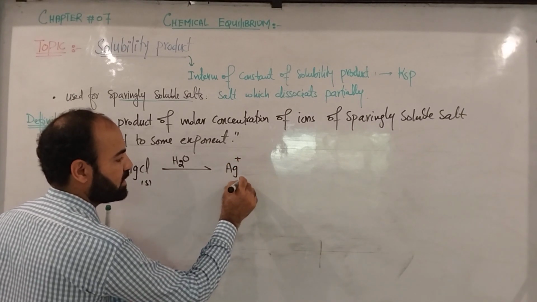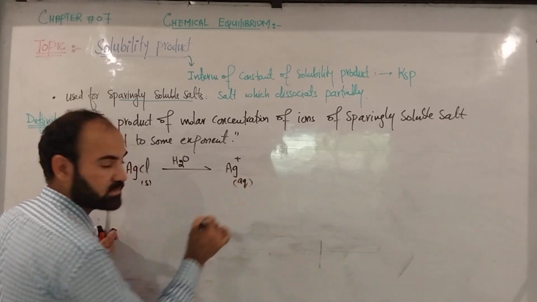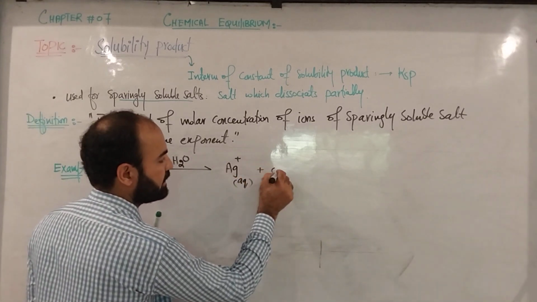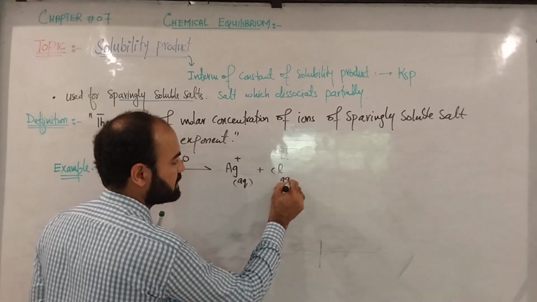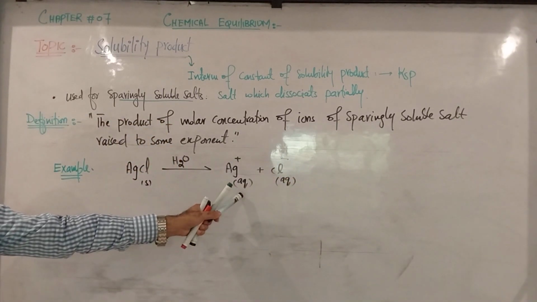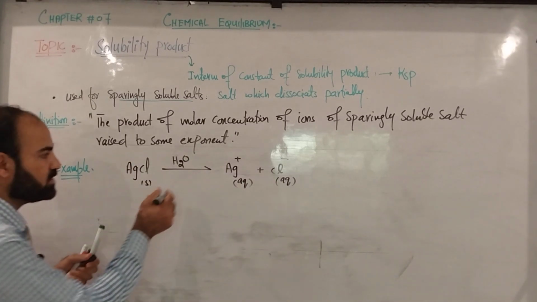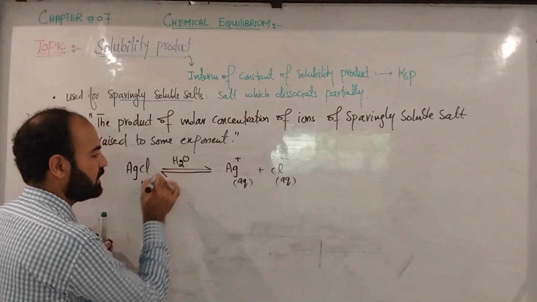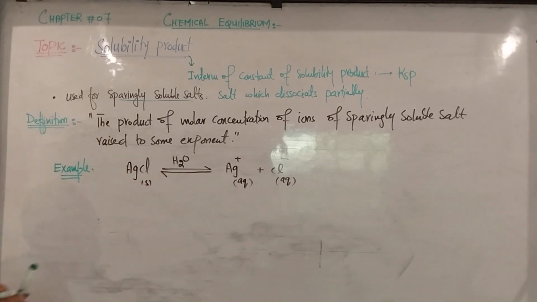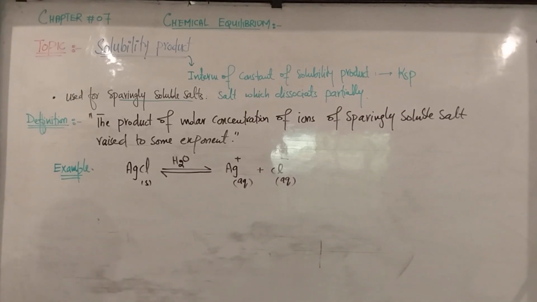So it forms silver ion aqueous and chloride ion aqueous, but not 100% dissolved. Why do I use the term aqueous? Because the water will surround these ions. So it shows reversibility in this dissolution of silver chloride, because it is not dissolved 100%. This is a sparingly soluble salt.